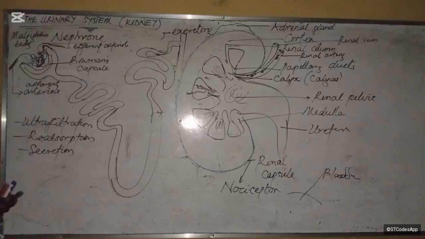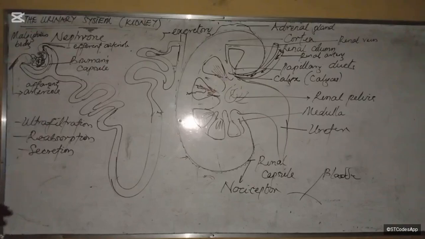All right, let's quickly go through these three processes. The ultrafiltration process requires two things to occur, and the first is high pressure. The high pressure is brought about by the tiny lumen of the arteriole.